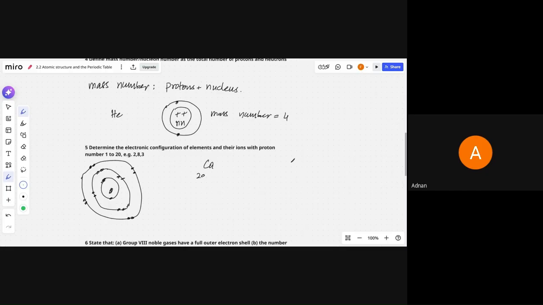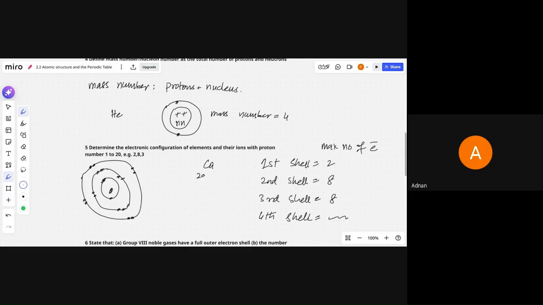Let me just write it here. Shell number 1, 2, 3, and the maximum number of electrons: 2 for the first shell, 8 for the second shell, 8 for the third shell, and the remaining will go to the fourth shell.